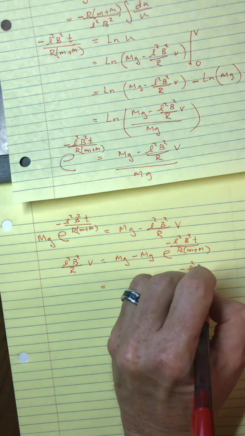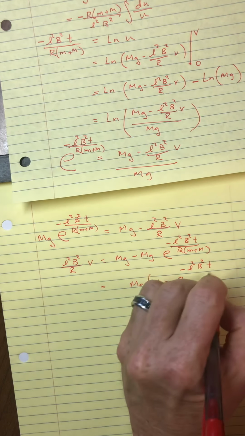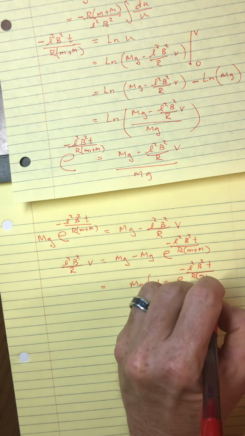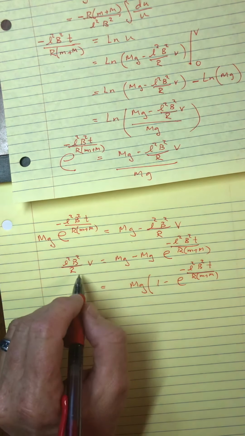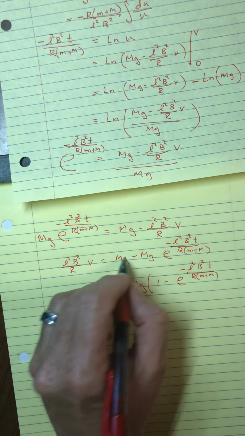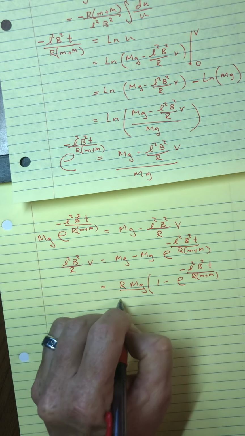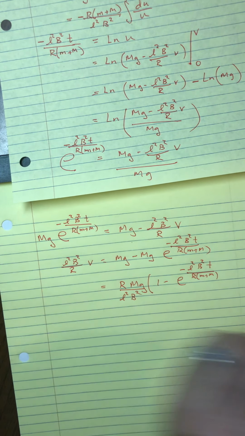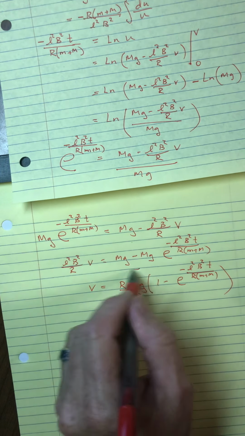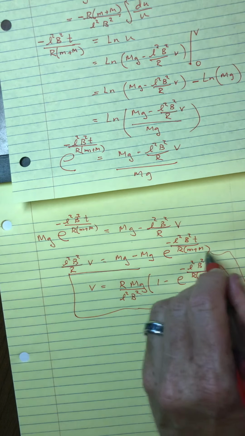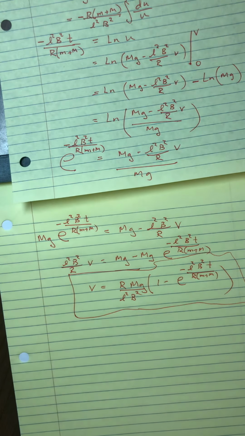So let me first factor out the m and the g there. And then, of course, I can bring the r over and also divide by the L squared and the B squared. And I'm left with just the V. And that's what the problem said: solve for the velocity. And hopefully that's what the author got.